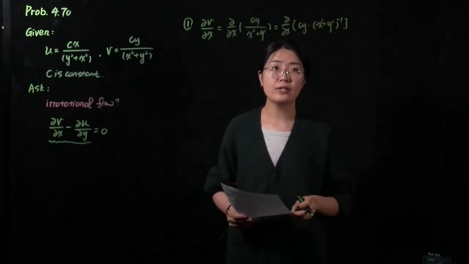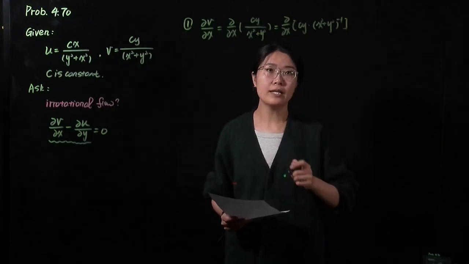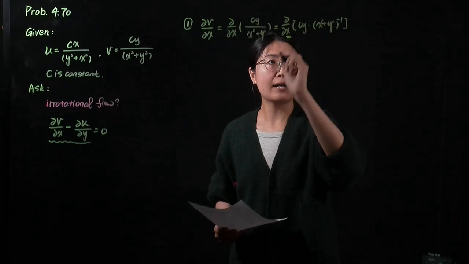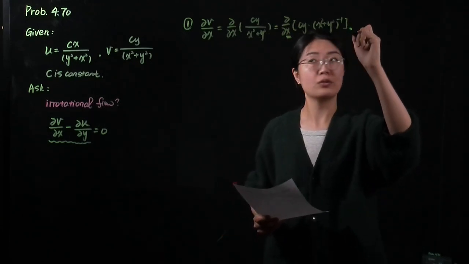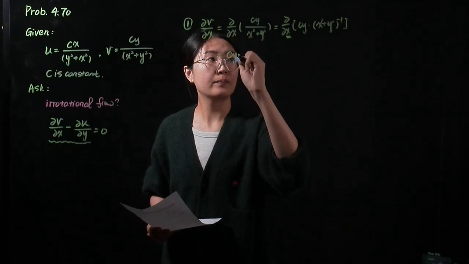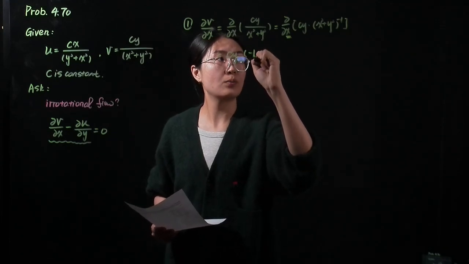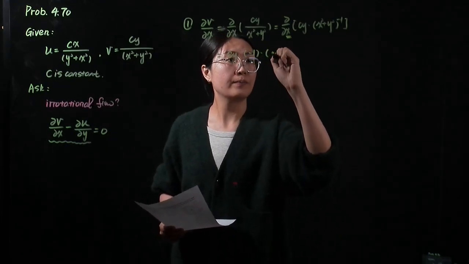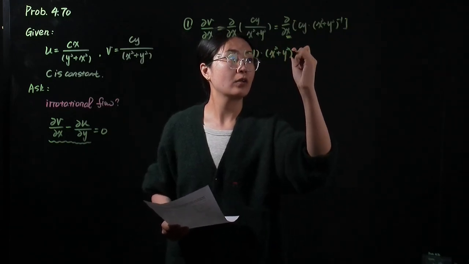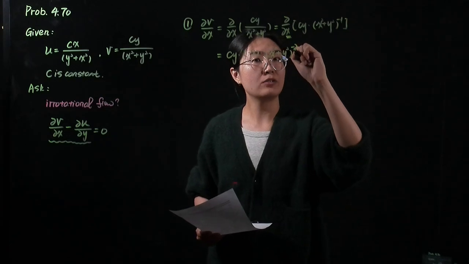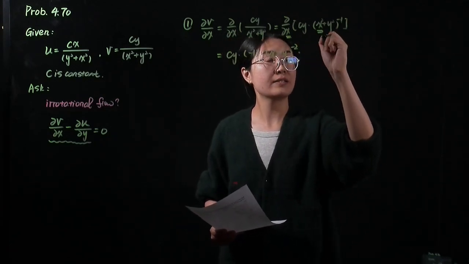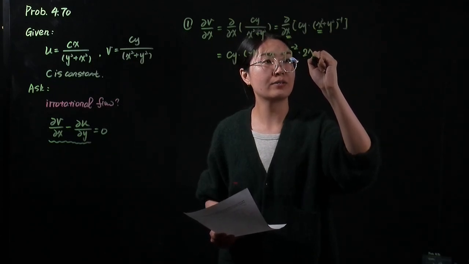Then we can use the derivative rule for the product. Because it's with respect to x, it equals cy times minus 1 times x squared plus y squared to the power of minus 2, times 2x.